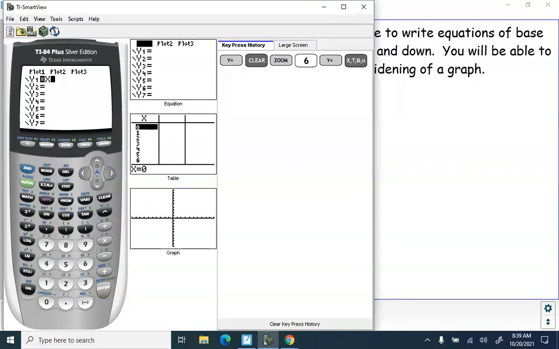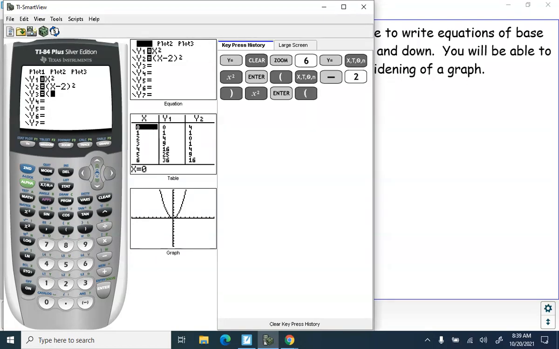So we're just typing in your X squared, then X minus 2 quantity squared, and then your X plus 2 quantity squared. And go ahead and graph.